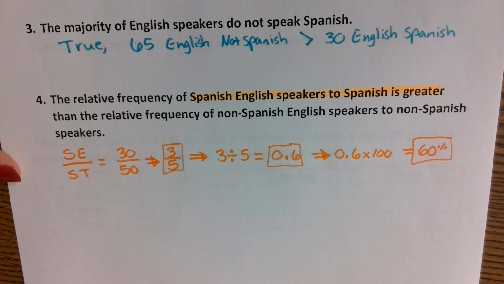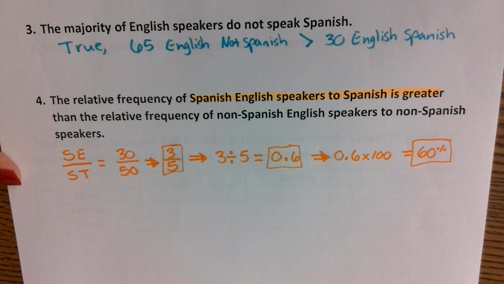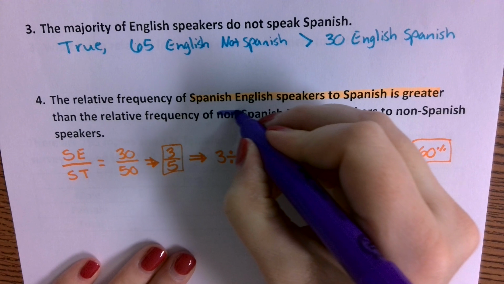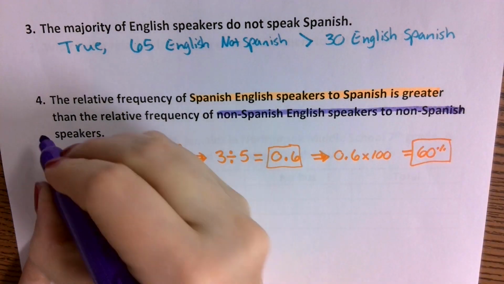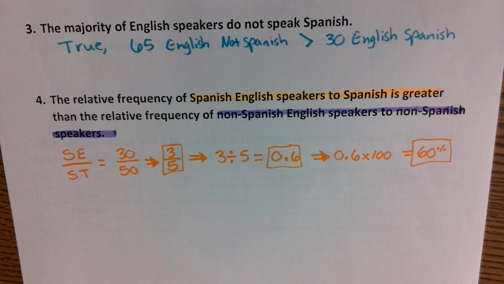Okay, and then we're going to do the exact same thing again, but we're going to do it with the other frequency. That's the non-Spanish English speakers compared to the non-Spanish speakers. Non-Spanish, but speaks English, compared to just non-Spanish total.